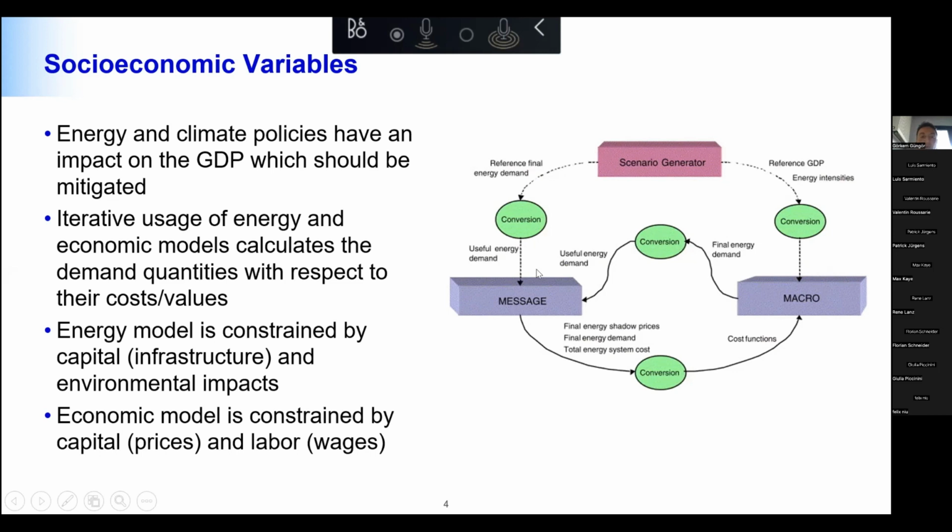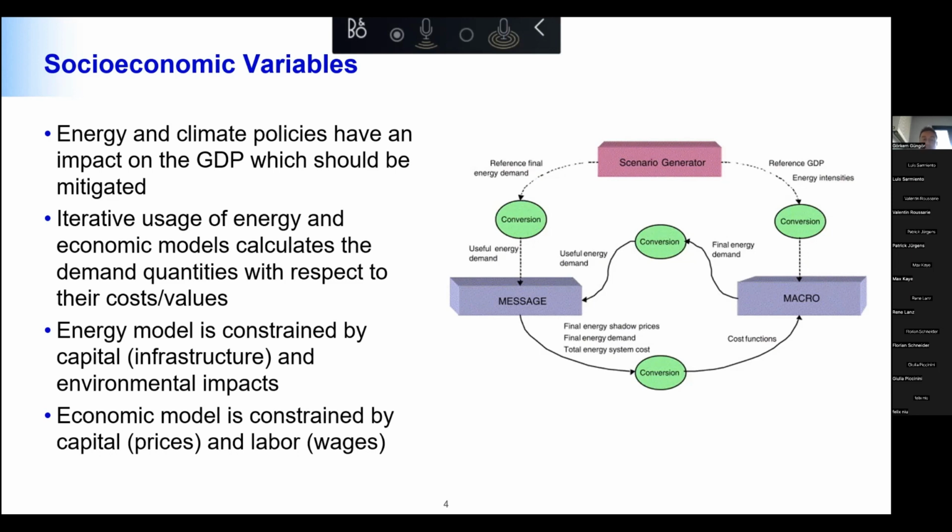In general, we use energy models iteratively with economic models because we define the final energy demand or the useful energy demand exogenously based on our current price assumptions. But as investments are made, as the energy system structure changes, the prices also change.